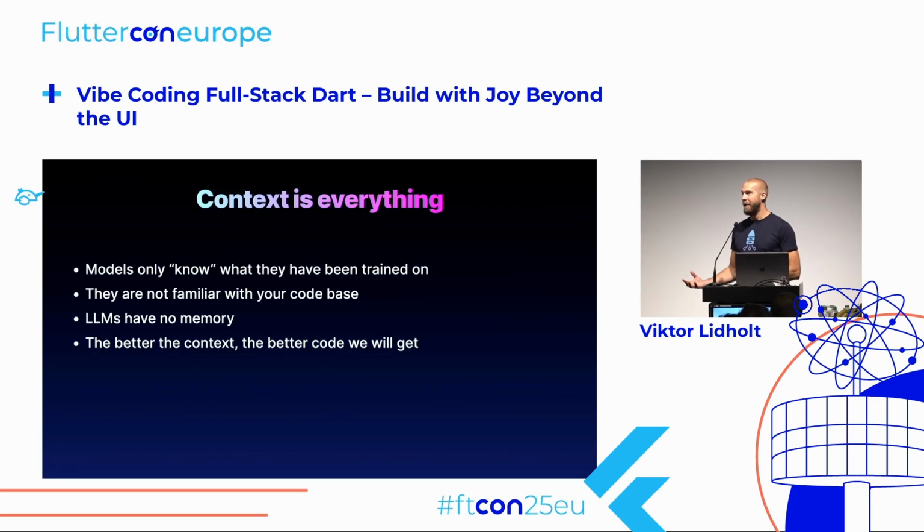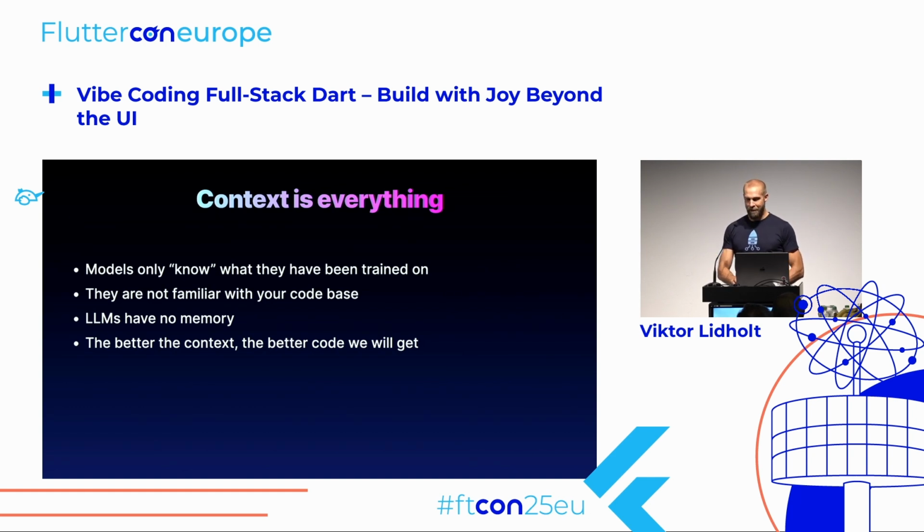They're not familiar with your code base. So anything you want in your code, you may need to put in the context of the agent or the model. And with a better context, you get way better output of your code.